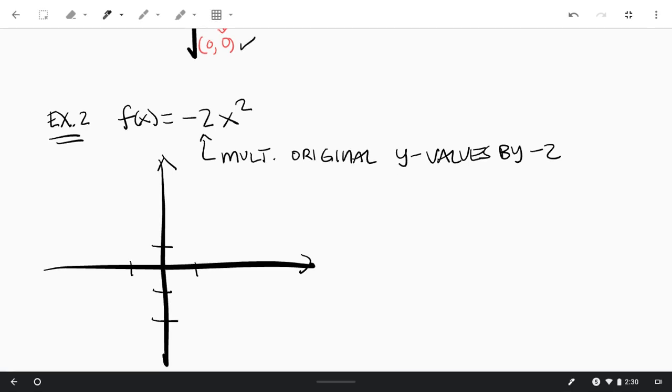Okay, let me get the red. Okay, so the original points are 0, 0, 1, 1, and -1, 1. Okay, so these are the original points for x squared, which is that parabola, which is that U shape.